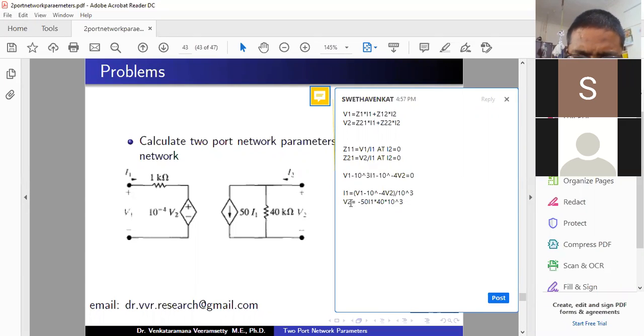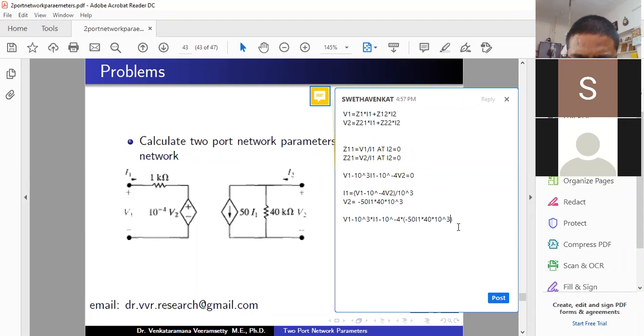Okay? Now replace this V2 in this equation. So see what we get: V1 minus 10 power 3 into I1 minus 10 power minus 4 into V2.